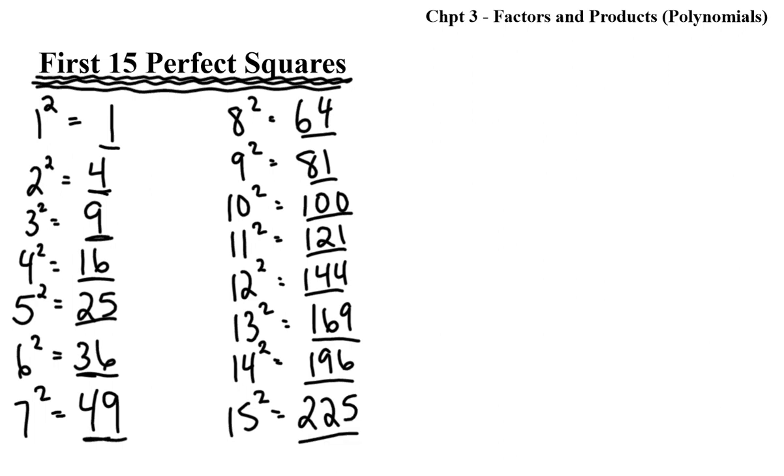Those perfect squares, you really should understand that they're perfect squares, and you should understand and be able to recall those. No problems, no questions asked. Make yourself a cheat sheet, have it available, because knowing those 15 perfect squares is going to be important and an expectation I have.